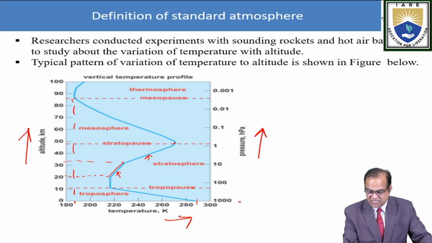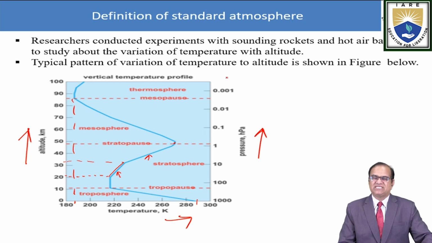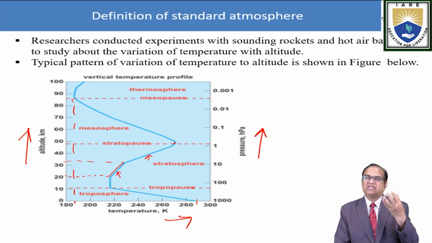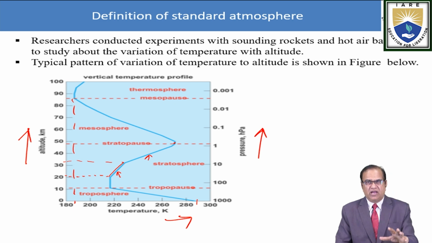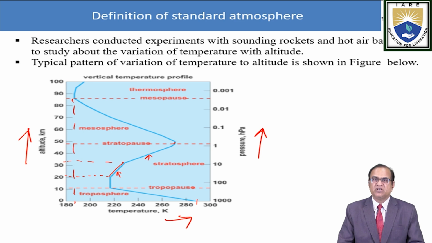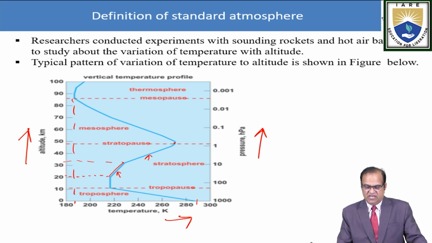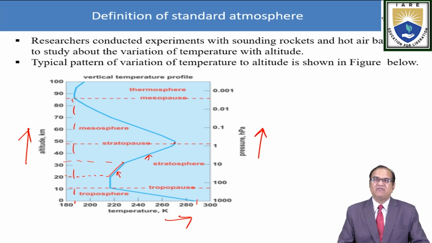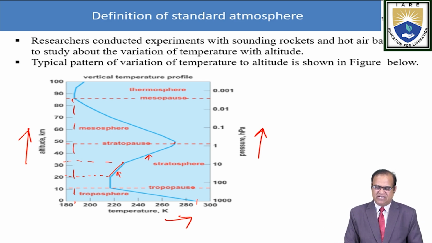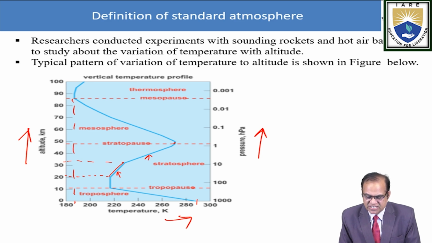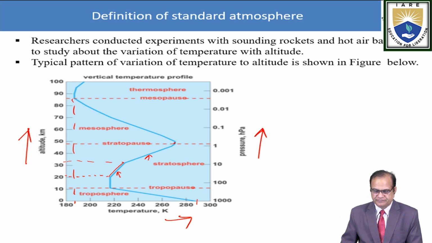So we can use pressure as a measurement device. The velocity measurement and altimeter measurement all depend upon the pressure, not the temperature. That is the beauty of this plot. I want everyone to understand this plot very nicely, and it is called the standard atmosphere plot.